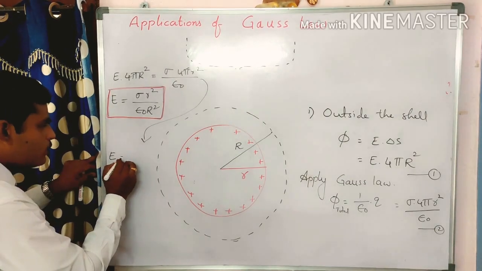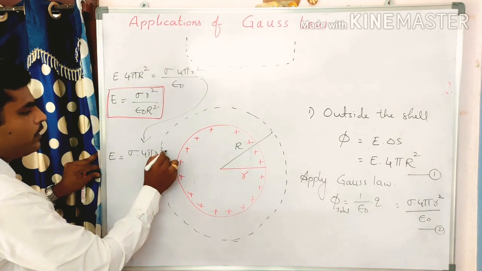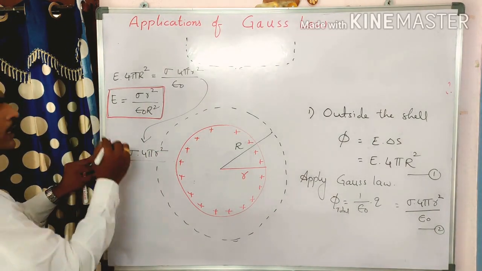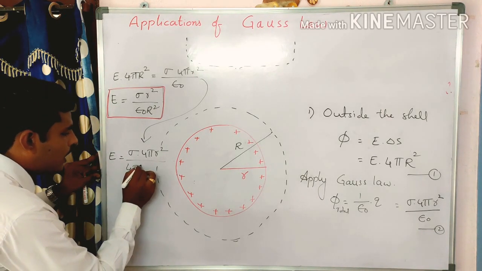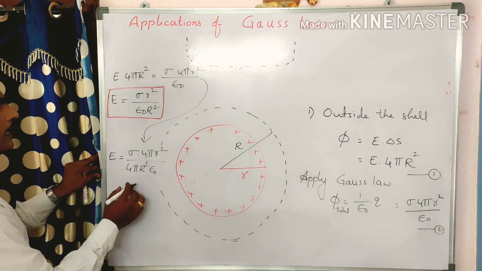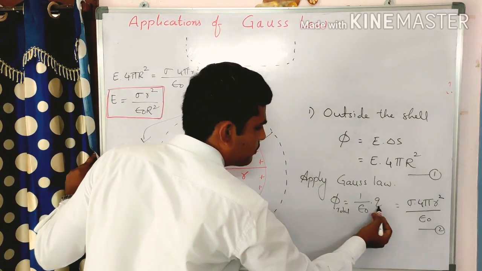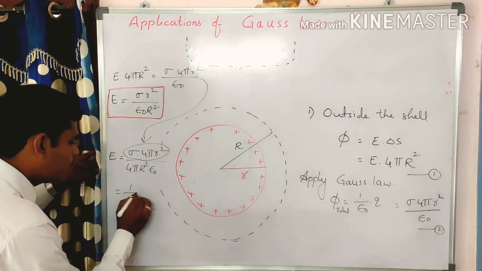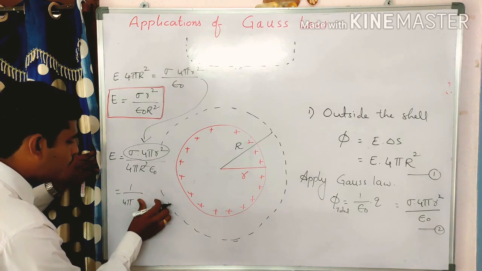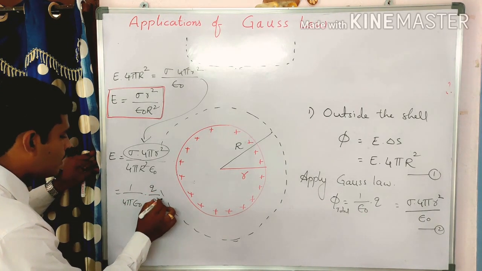E is equal to sigma 4 pi r square by 4 pi r square epsilon naught. What is sigma 4 pi r square? It is the charge. So E is 1 by 4 pi epsilon naught into Q by r square.